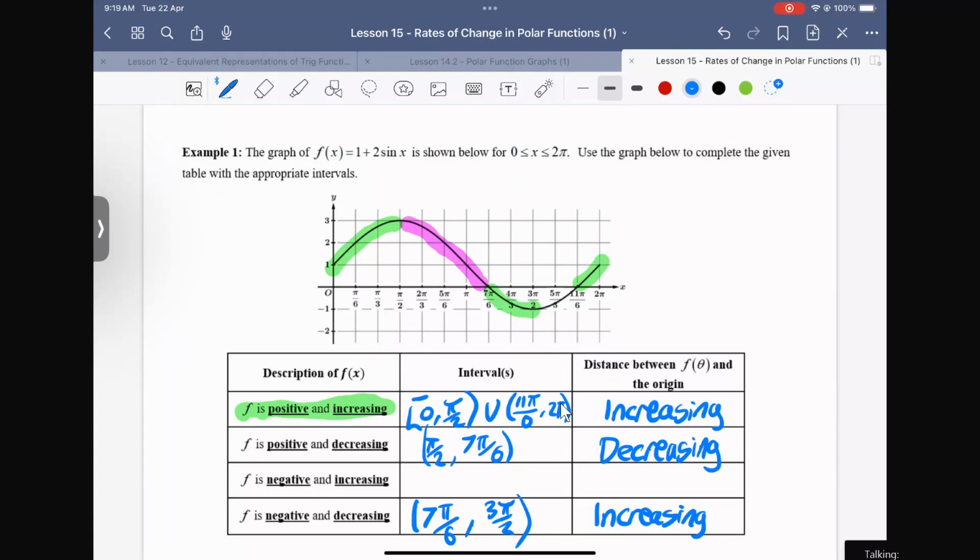It's also going to be decreasing and getting closer to the origin here in this section, where the graph is negative and increasing. This is going to be from 3 pi over 2 to 11 pi over 6. So here it will be decreasing.